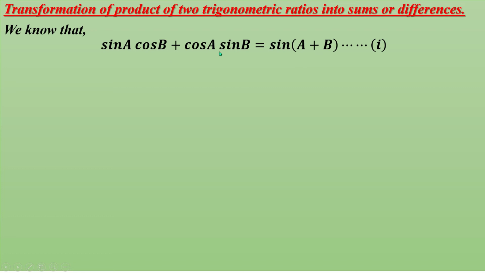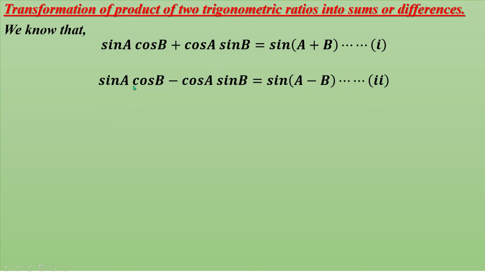And we also know the proof of this theorem, because in my previous lecture I had explained and proved this formula. And we know also sin A cos B minus cos A sin B equals sin(A minus B). This is equation number 2.